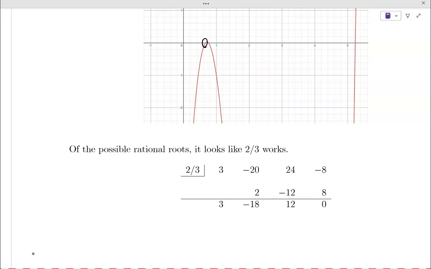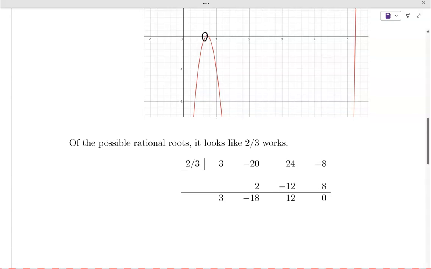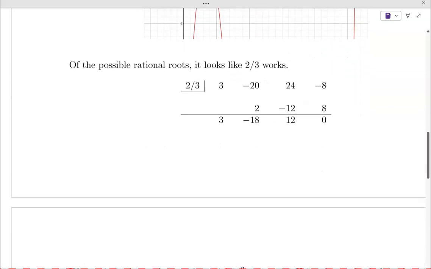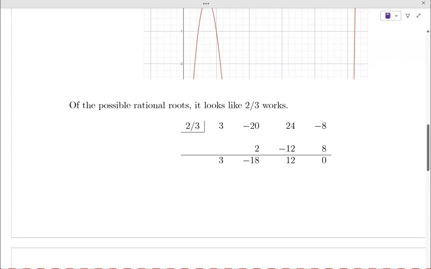All right, so that was the 4th part. 5th part, I think it was, well, whichever part it was. The 2/3 was the answer to the rational root. Remember, rational root is a fraction, right? So it needs to be a fraction of some sort or a whole number. Shouldn't have square roots in it, shouldn't have i's in it at all.